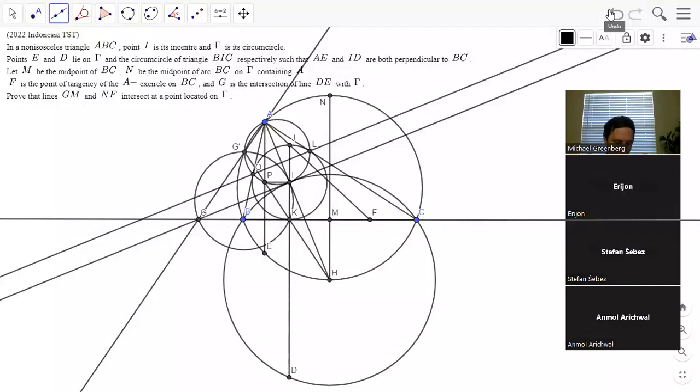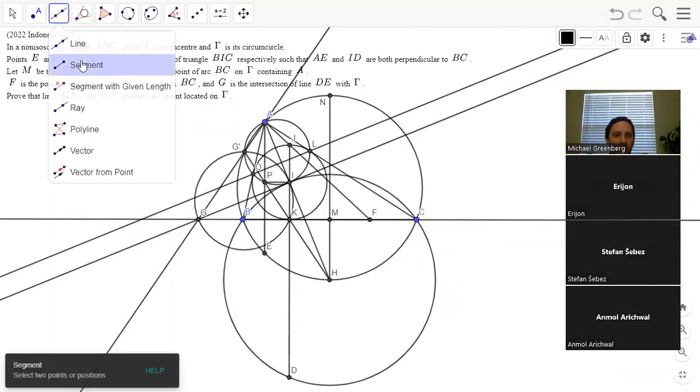We want to show that G prime K bisects the angle DG prime I. J prime I? G prime K bisects angle DG prime I. Okay, DG prime I. That would be sufficient.